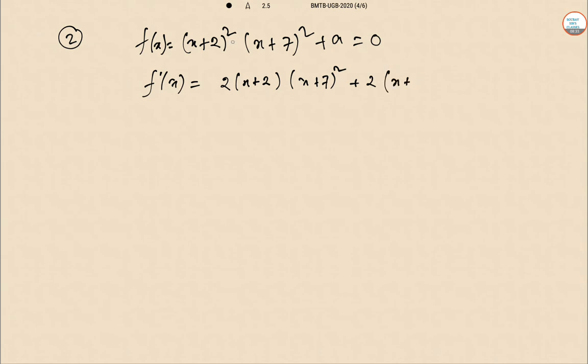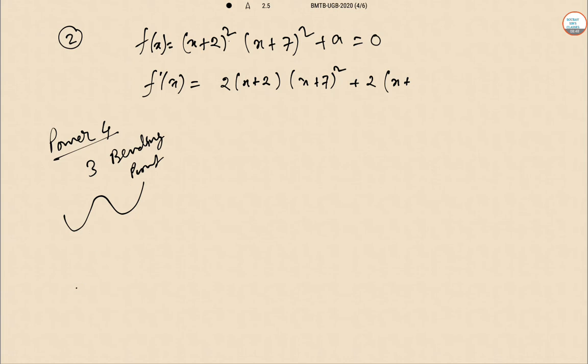But remember that it has power 4, so there will be 3 bending points, that's for sure. This curve will look like this or this. So 1 bending, 2 bending, 3. So total power minus 1. Differentiation will help us proceed to this level.